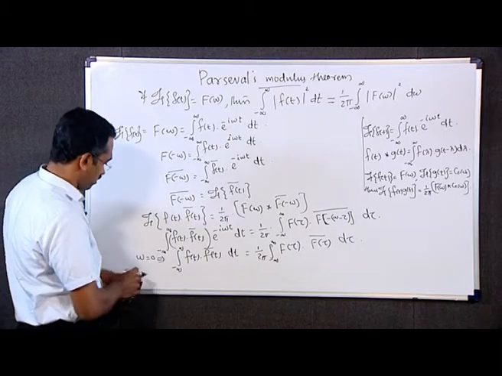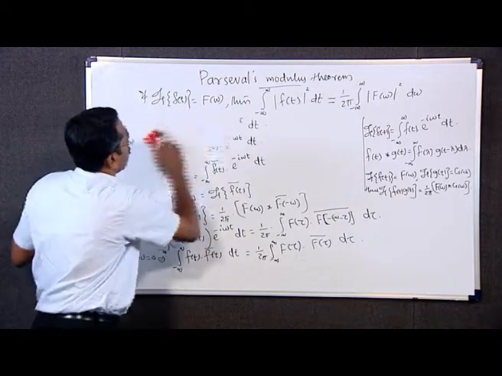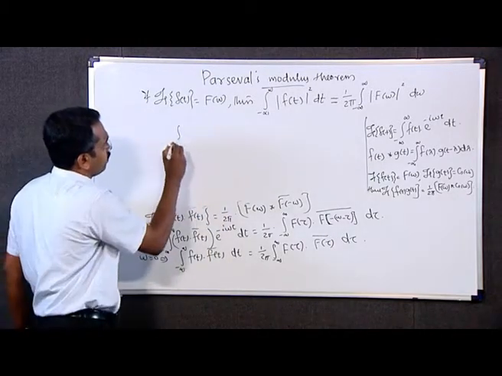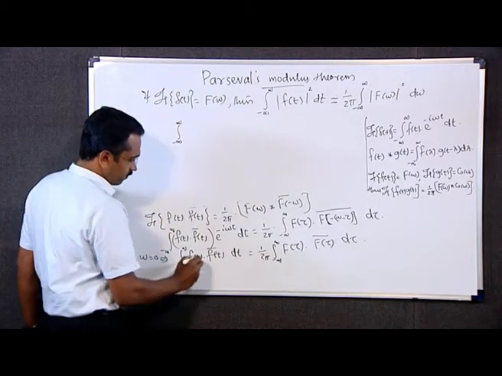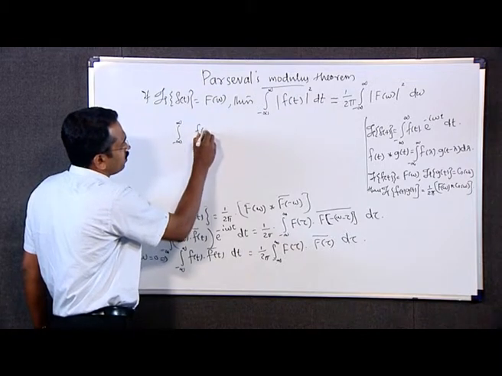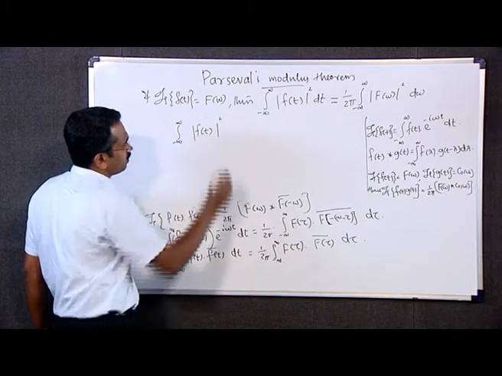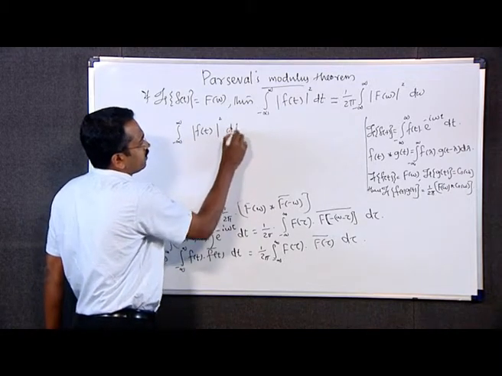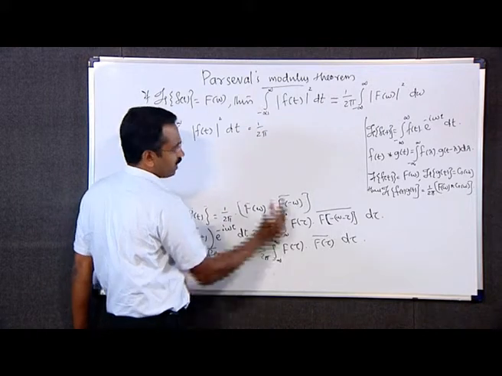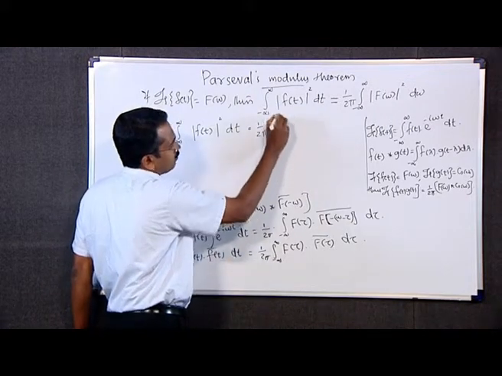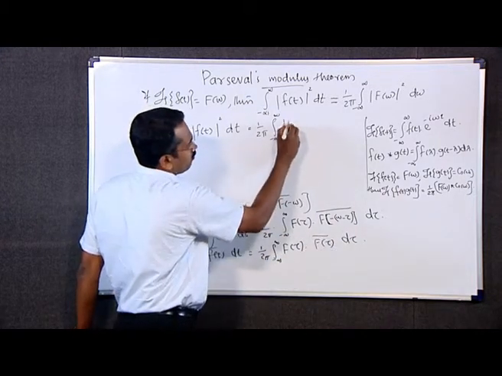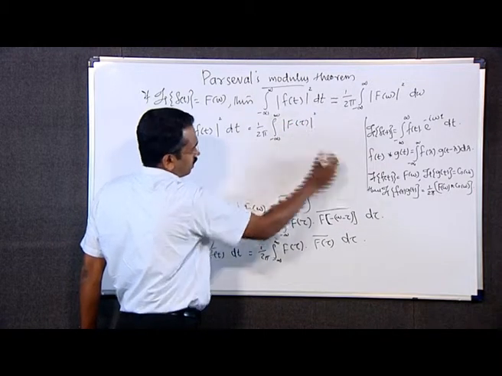That is, this gives integral from minus infinity to infinity f of t into f of t conjugate, we can write modulus of f of t square into dt, which is equal to 1 by 2 pi into, from here we can write integral from minus infinity to infinity f of tau into f of tau conjugate, means modulus of f of tau square d tau.